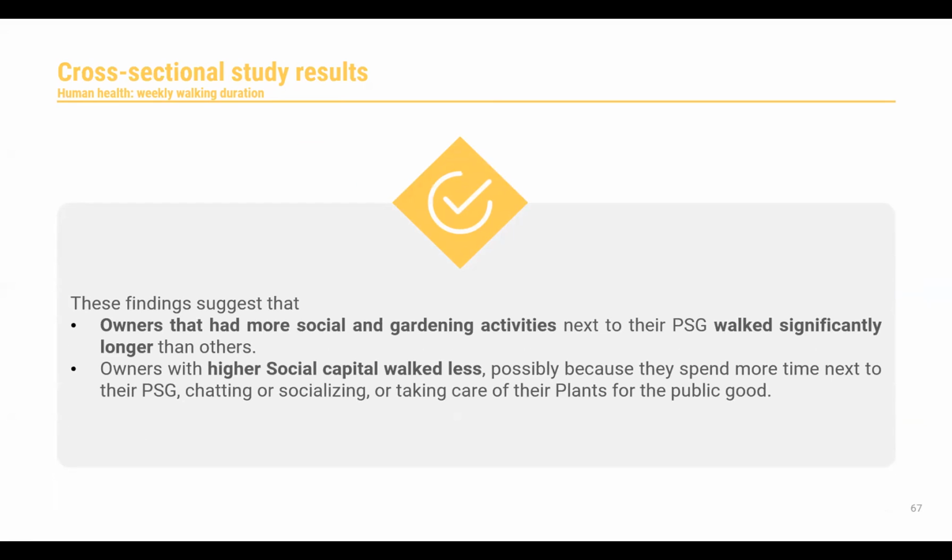These findings suggest that owners that interacted more with their PGs walked more than those with lower levels of interaction. Owners with higher social capital walked less, possibly because they spend more time next to PGs chatting or socializing or taking care of their PGs for the public good.